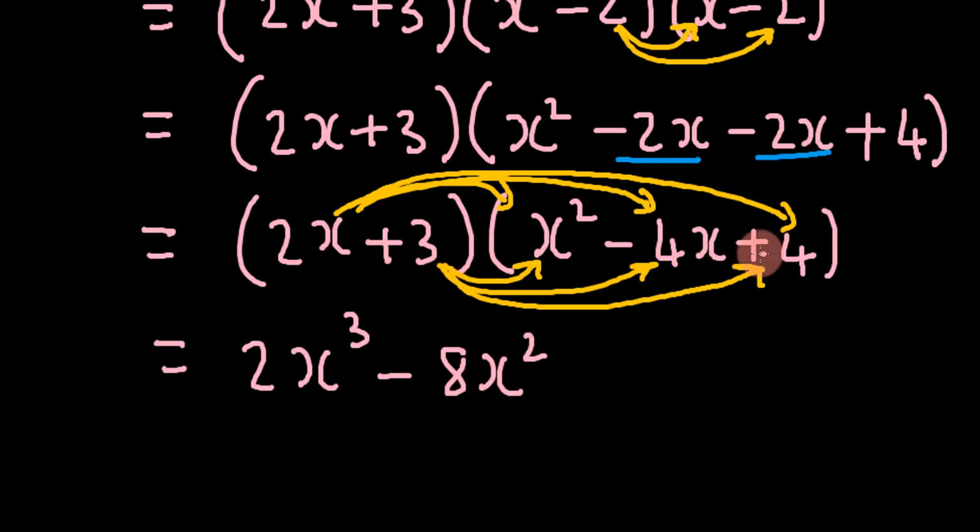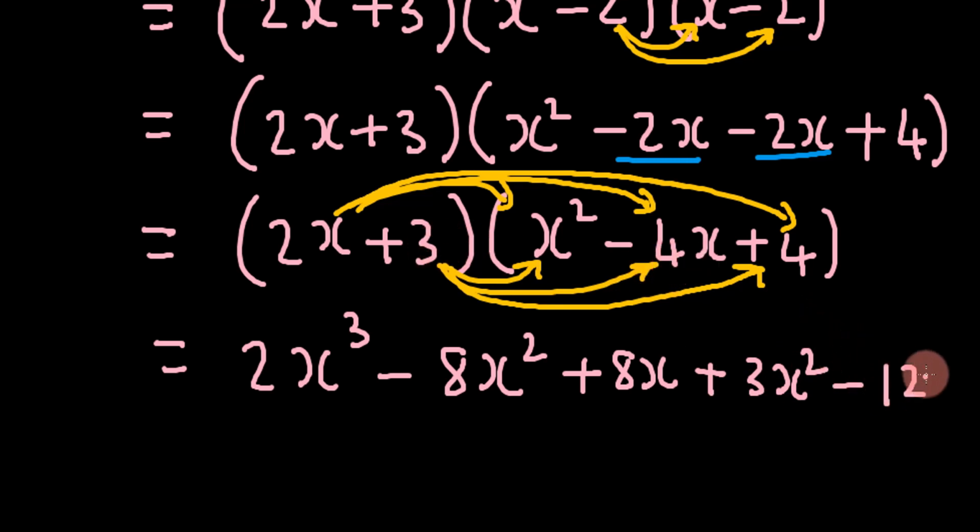And 2x times positive 4 is positive 8x. Now, positive 3 times x squared is positive 3x squared. Positive 3 times negative 4x is negative 12x. And 3 times 4 will give us 12.